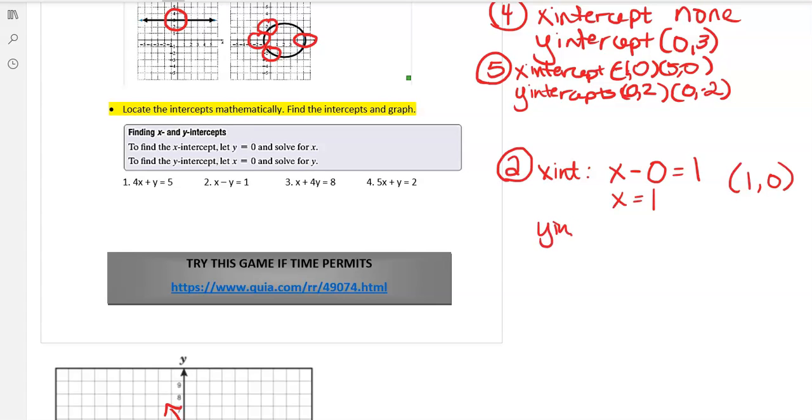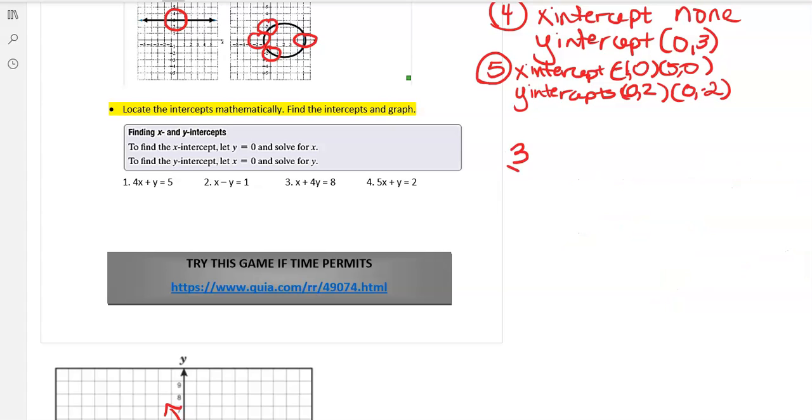On the y-intercept, I set x equal to 0 and solve for y. So y equals -1, so my y-intercept is 0, -1. And then I would go put my dots on the x-intercept and the y-intercept, connect them, and then we have graphed our line.